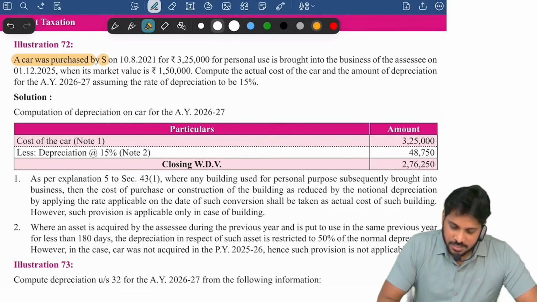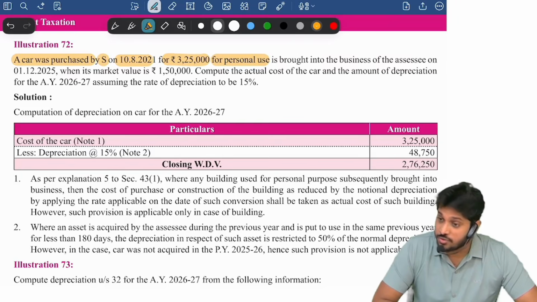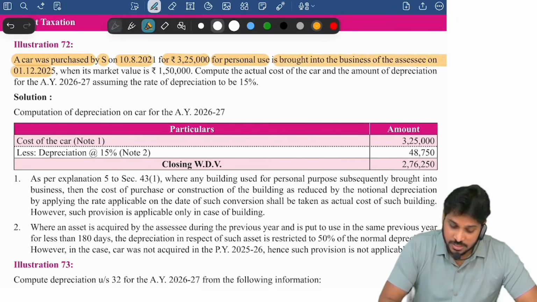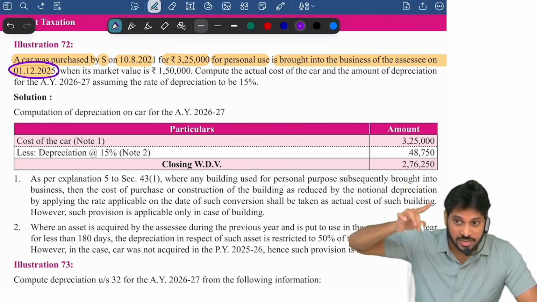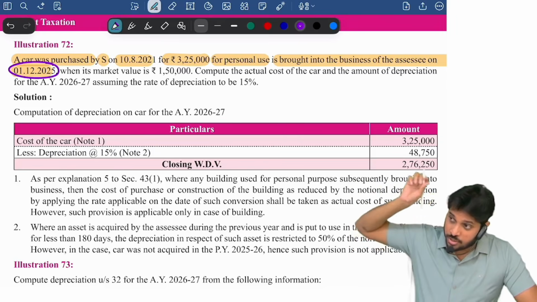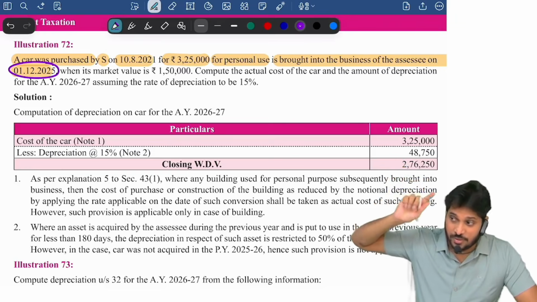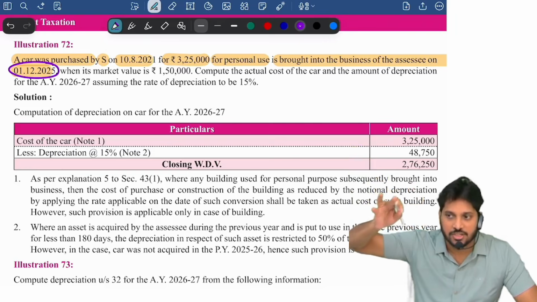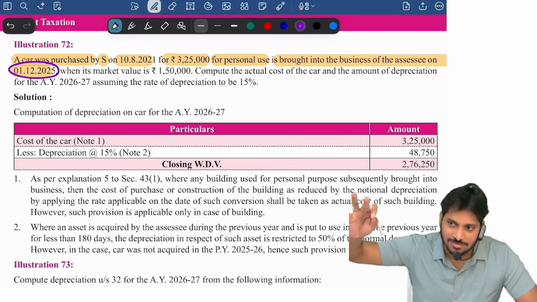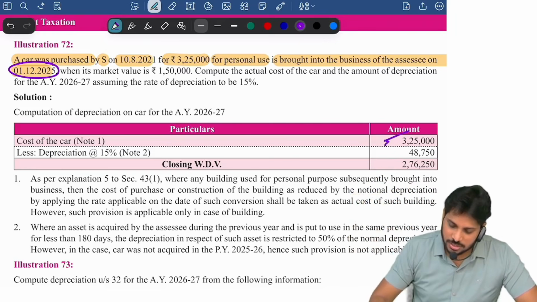A car was purchased by S on 10th August 2021 for personal use for 3,25,000. It is brought into business on 1st December 2025. When an asset is brought into business, we use Explanation 5: original cost minus notional depreciation. Actual cost means original cost, so what is the original cost? 3,25,000.